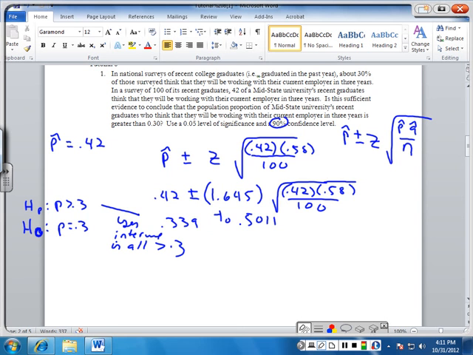One other thing to mention here, remember in this our x was 42, the number of yes was 42, that's greater than 5. The number of no, if we took a sample of size 100, 42 yeses, 58 no's, that's greater than 5. So we're good to go on making a valid confidence interval.